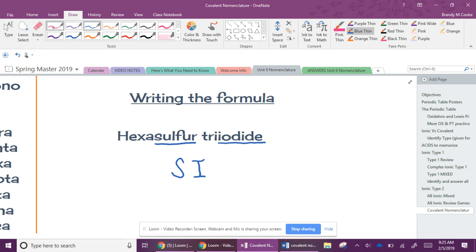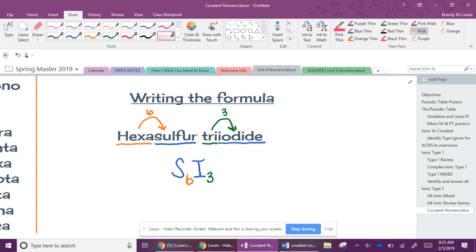And then we need to look at the prefixes to get the subscripts. So hexa means that there's 6 sulfurs. So I have S6. And triiodide means that there's 3 iodines, I3. So I have S6I3, which is hexasulfur triiodide.